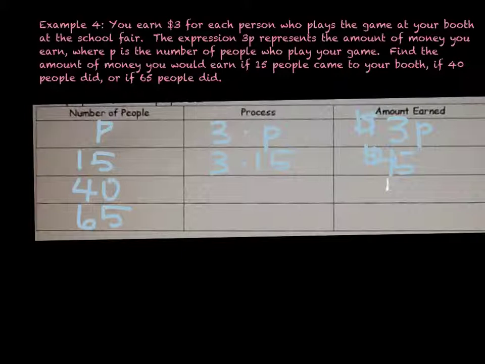If I had 40 people attend my booth, I would do 3 times 40, or $120. And if I had 65 people, I would still use that same process of 3, but this time I'm multiplying it by 65, so I'd get $195 if I had that many people stop at my booth.